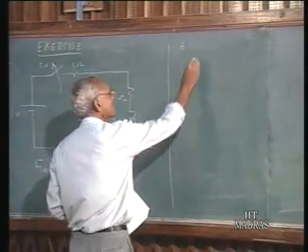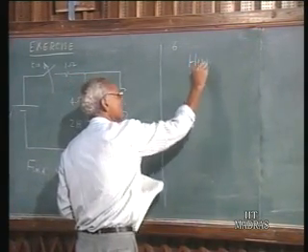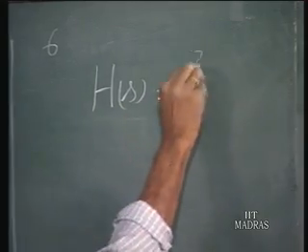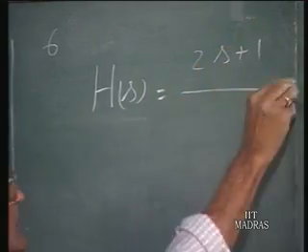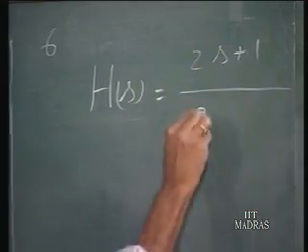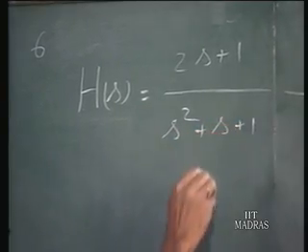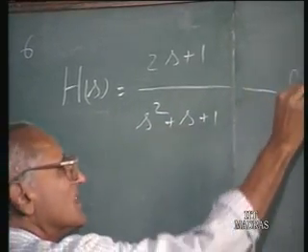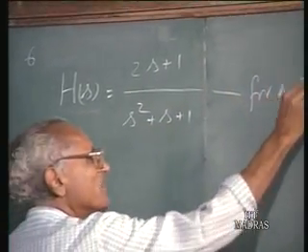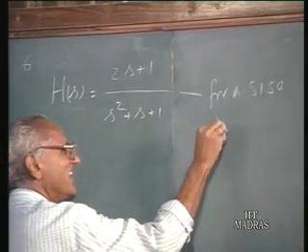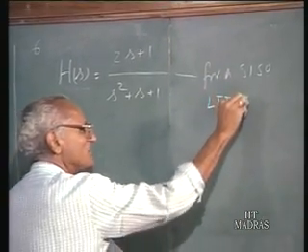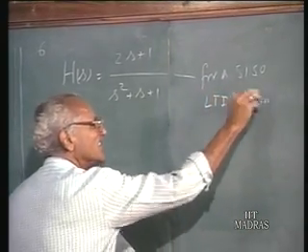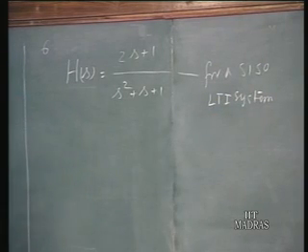6. The system function H of s is given by (2s plus 1) divided by (s squared plus s plus 1) for a single input, single output, linear time invariant system. It is a linear time invariant, single input, single output system.